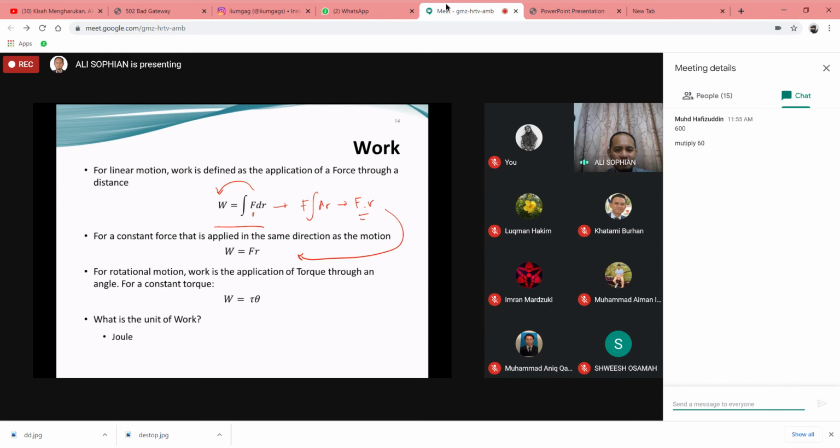So work is simply F times r, the force times the distance through which the object has moved.